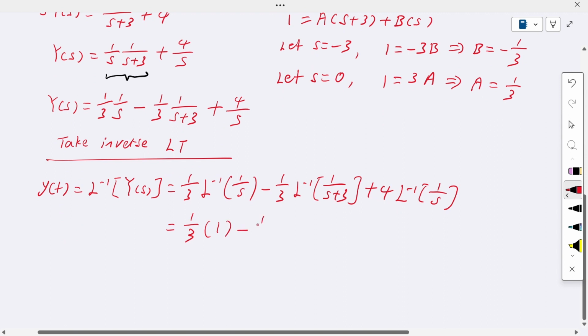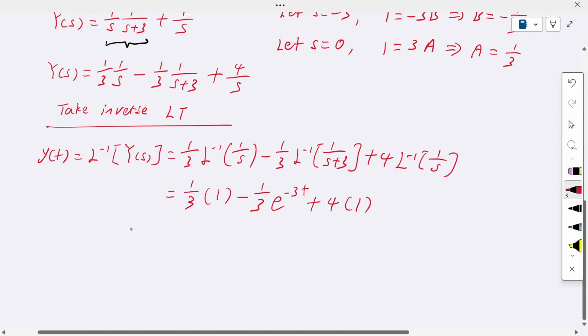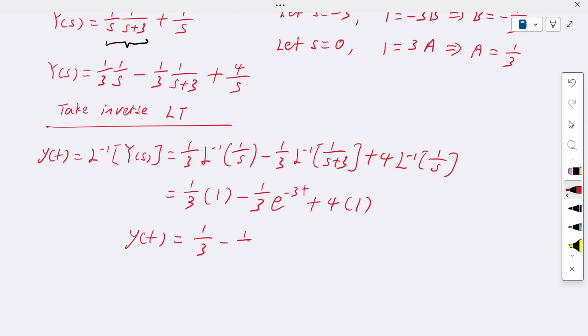And then minus 1 over 3. The inverse of this gives us the exponential term, e to the minus 3t. Here we have 4, and the inverse of 1 over x is 1. So here we have y of t equal to 1 over 3 minus 1 over 3 exponential minus 3t plus 4.